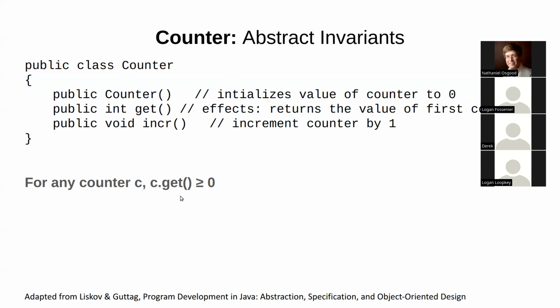And it often is something that is true at that point without performing more. I think this may be part of it. You're not performing more operations typically. It'd be kind of weird for an abstract invariant to say, well, if I do get and then I do increment, its value is greater than or equal to 1. No, I'm really looking for something that's true without changing it. And this is kind of a testimonial to that.